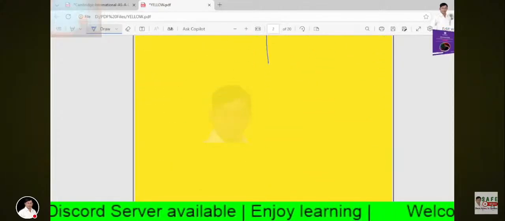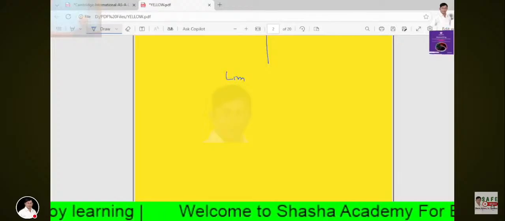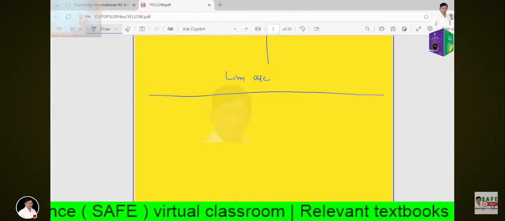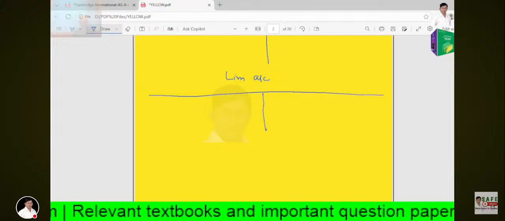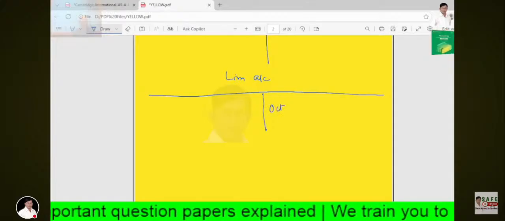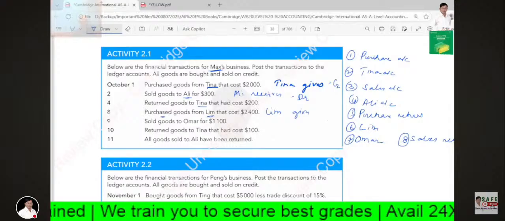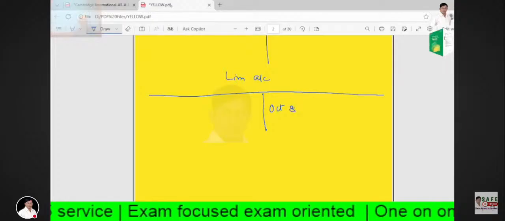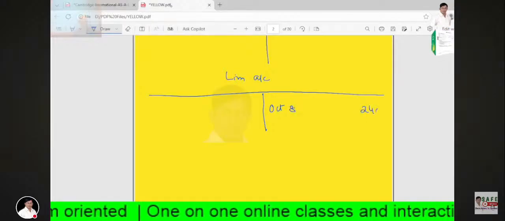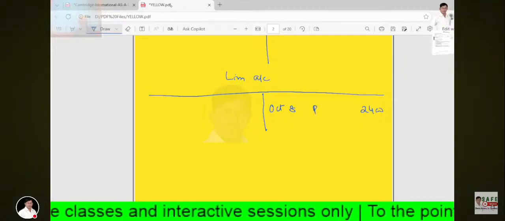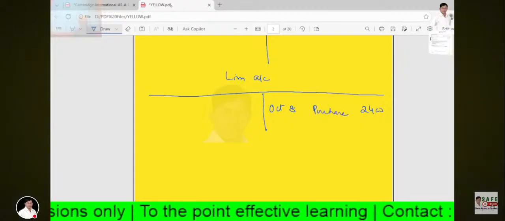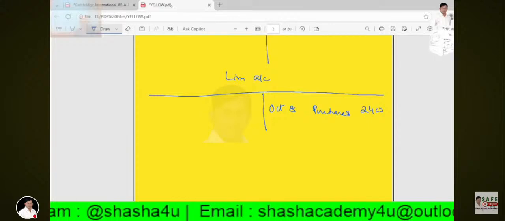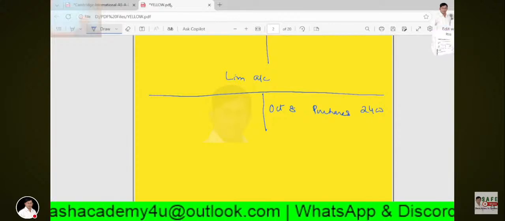We have to prepare Lim account, October. Why are we creating Lim? Because we purchased from him. Understood? This is how we have to understand the concepts. Very clear, now it should be crystal clear.